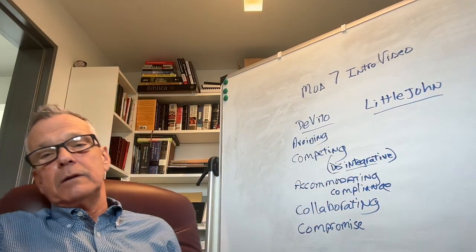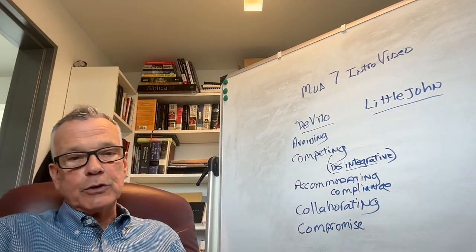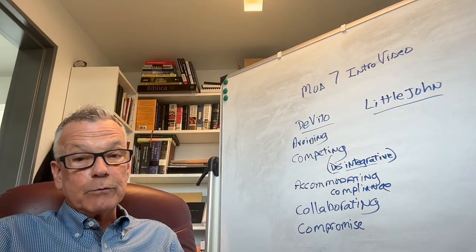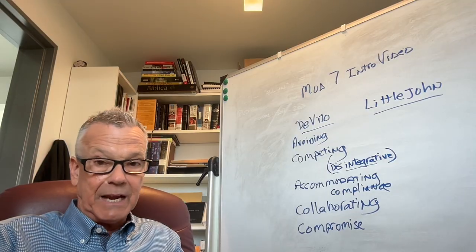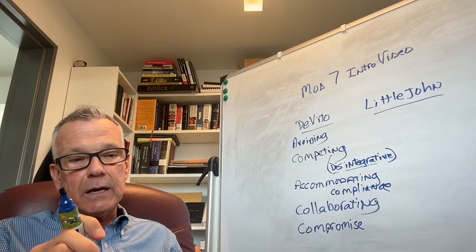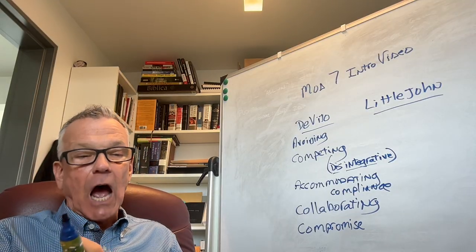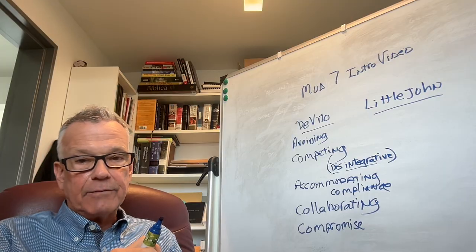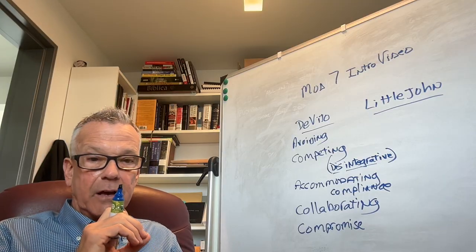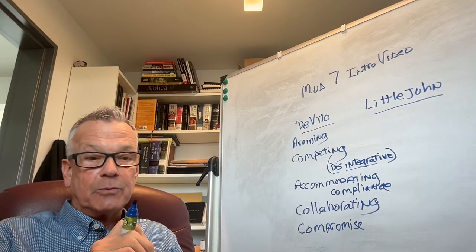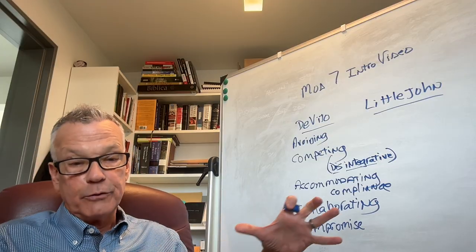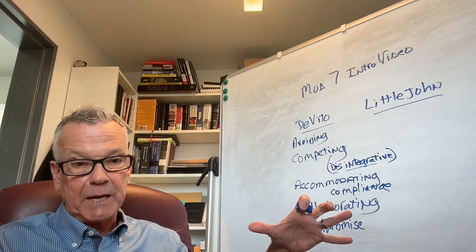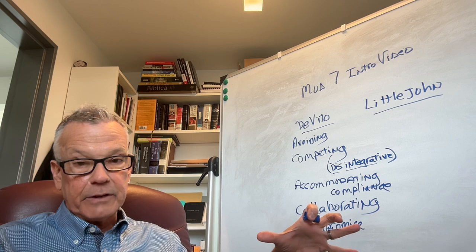Stephen Littlejohn casts conflict resolution in terms of conflict resolution behaviors. And I have attached a document in Module 7 that is the conflict management coding scheme where all 25 conflict resolution behaviors are listed.